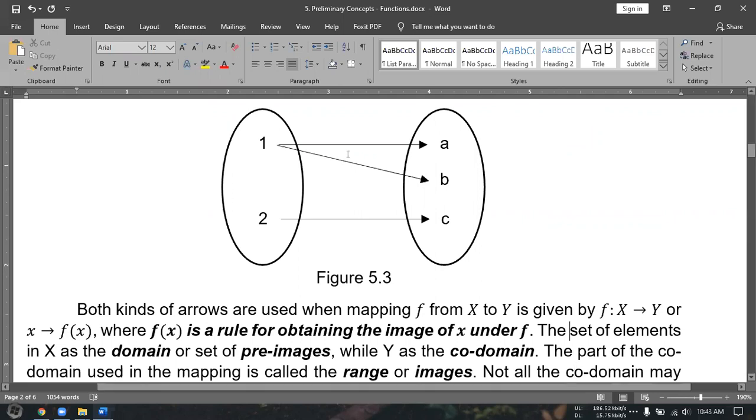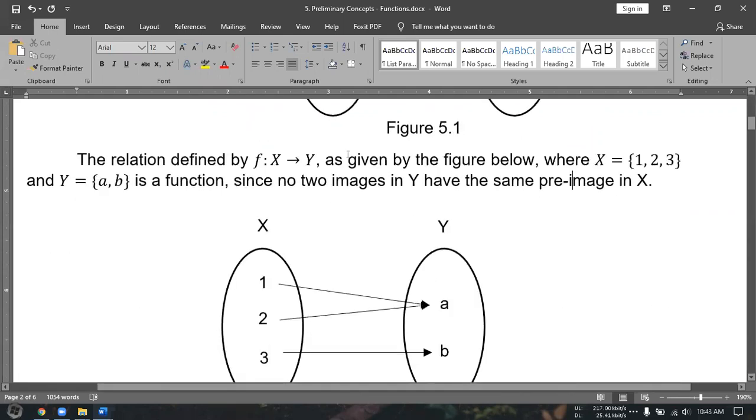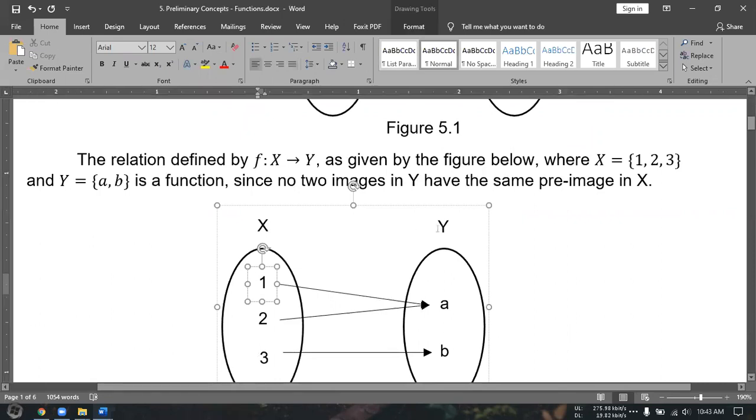So let's go back. The set of all pre-images is said to be our domain, and the set of all possible images is our codomain.